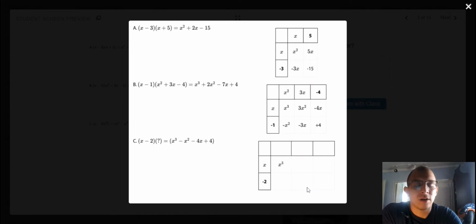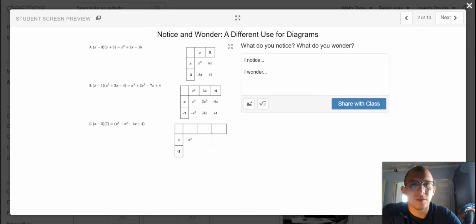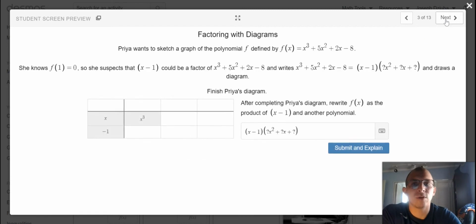Our area model for part C is empty, but if you look at the previous 2 examples, you should be able to tease out the method behind the madness. So I'd like for you to start some dialogue with your classmates, writing down 2 things that you notice and 2 things that you wonder from the diagram, and share that with the class before proceeding to our next slide.